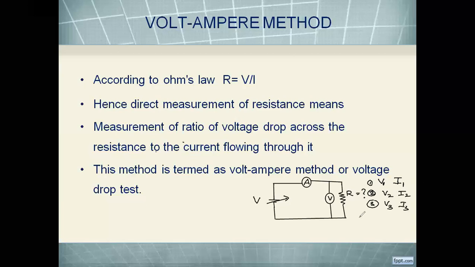Then you will observe that V1 by I1 equals V2 by I2 equals V3 by I3, and these values are nothing but the value of resistance. Hence, we have calculated the resistance. In this way, we use the volt ampere method for measurement of resistances. Hope you're clear with this. It is a very simple method.